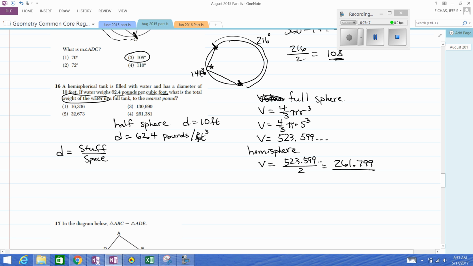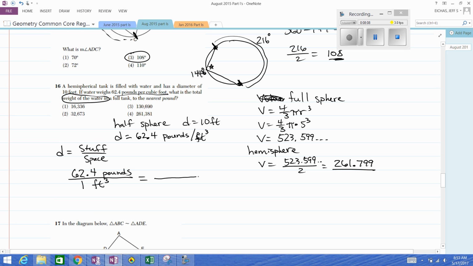Now, in this problem, they give us the density, so I like to use the units of measure to my advantage. They give us 62.4 pounds for every 1 cubic foot, and that's what that means. Science does this, and we can utilize that strategy.